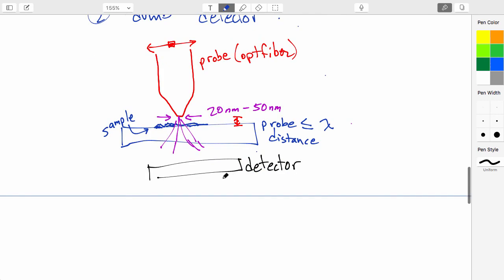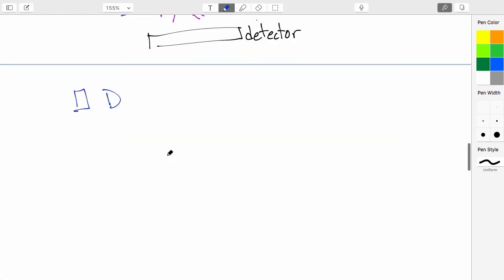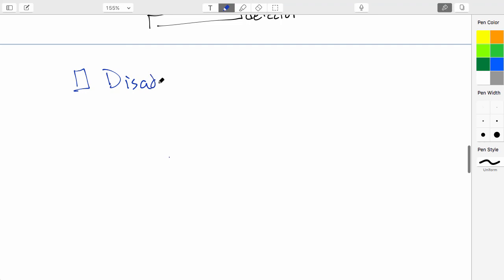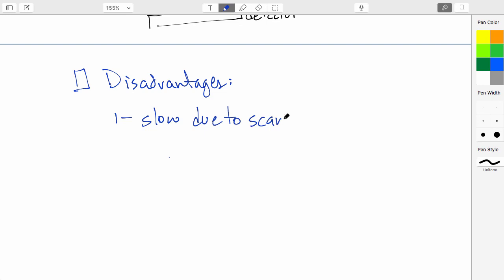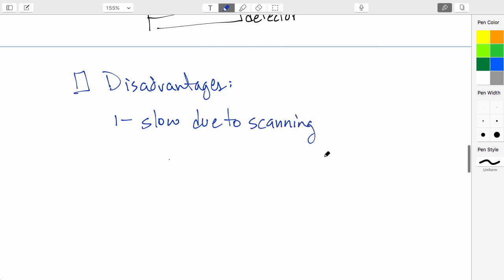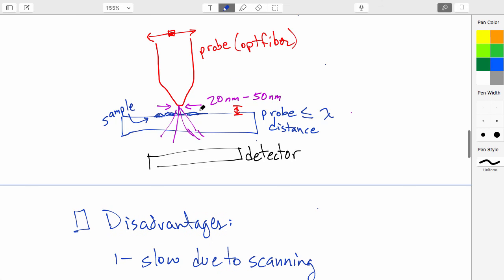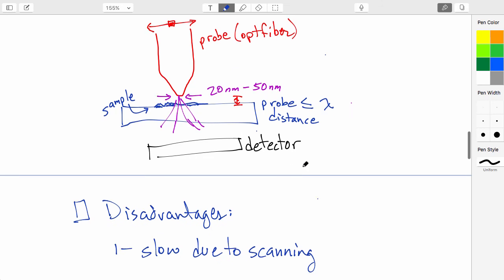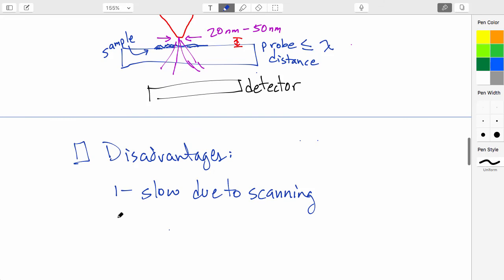However, as I hope you can imagine, there are some really important disadvantages as compared to a conventional microscope. What are they? What do you think they might be? Well, first of all, it's very slow, because the probe tip has to scan the sample spatially, and it has to do it at a really tiny resolution.